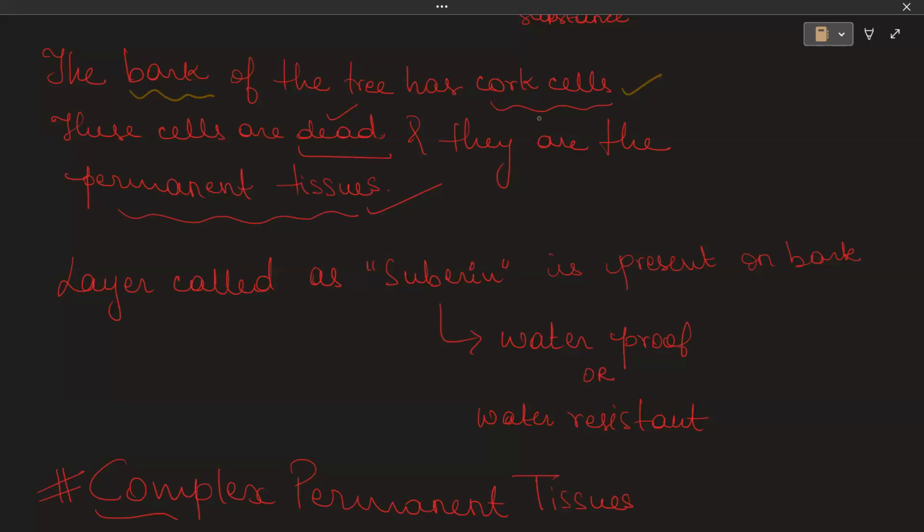Even in the bark there is a layer known as suberin. This suberin is waterproof or water resistant, so no water loss can take place, and this is responsible for the protection of the tree's bark. Is it clear up till now?